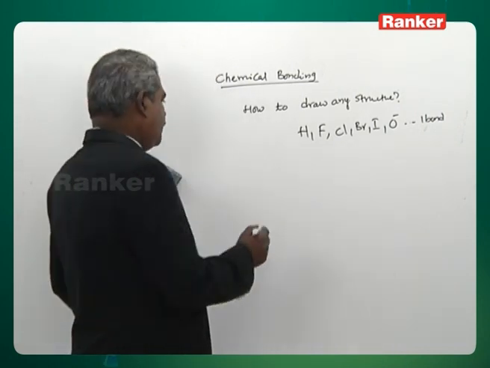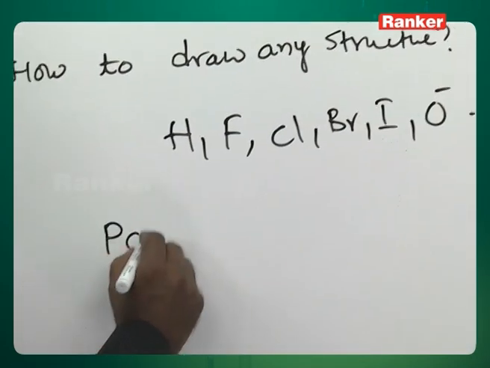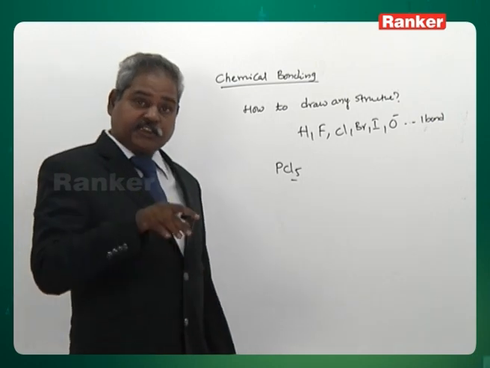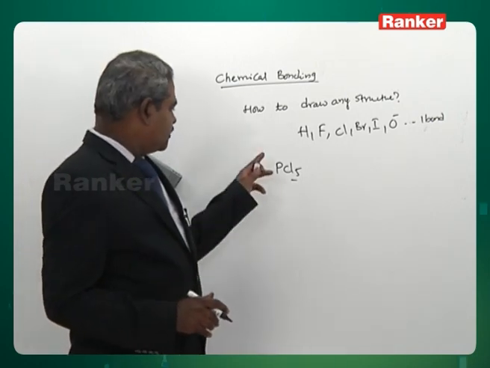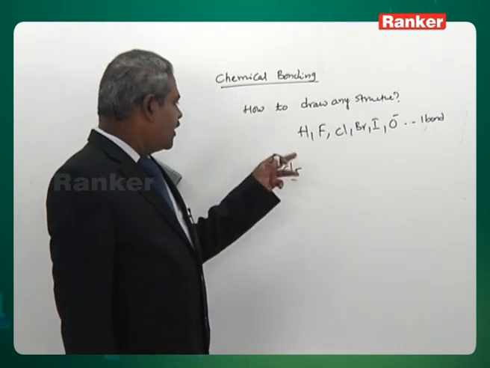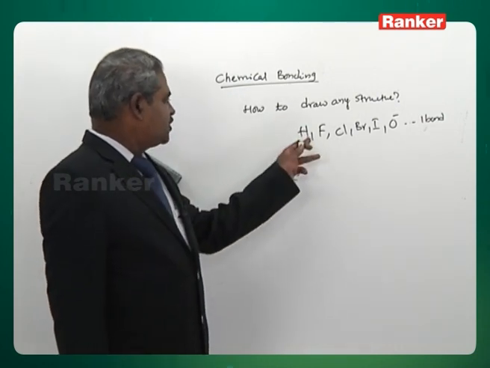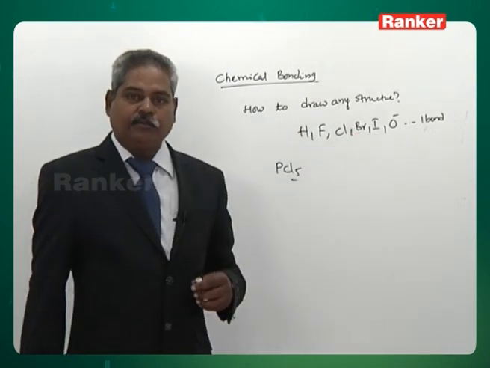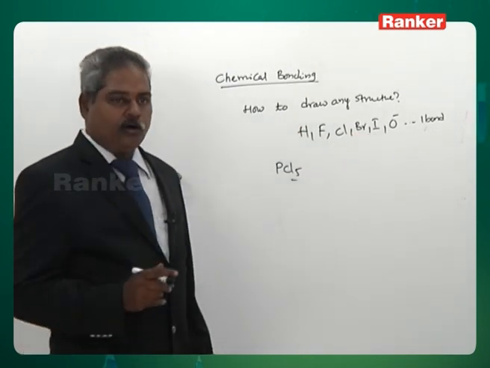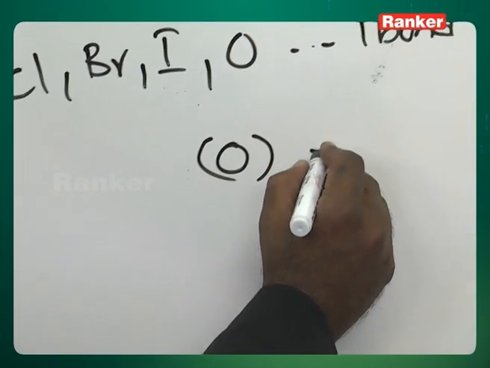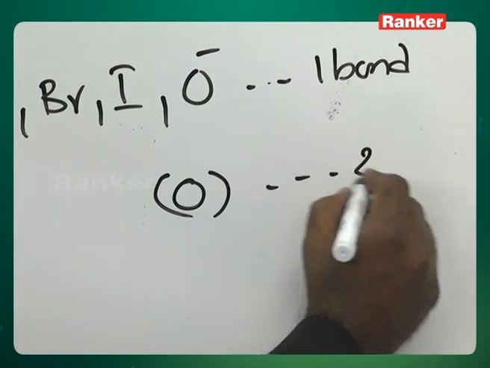For example, in PCl5, chlorine is the terminal atom and phosphorus is the central atom. Phosphorus is at the center and 5 chlorines are approaching. These are called terminal atoms. So, when hydrogen or any one of these is a terminal atom, they form one bond only. And oxygen, wherever it is a terminal atom, forms two bonds.